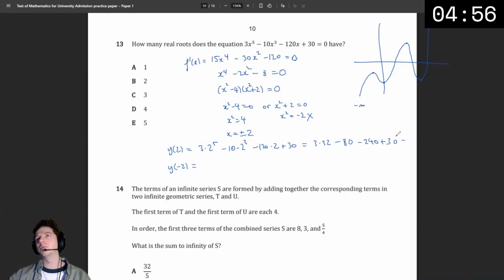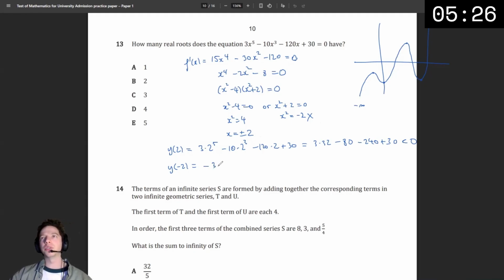I can see pretty clearly that's going to be negative. I don't care exactly what. It is pretty clear to me from the numbers that that's the case. For minus 2, let's see. Basically, if I put minus 2 in these odd powers, x to the 5, x cubed, x, I'm just going to get minus the answer I would have got if I plugged in 2, right?